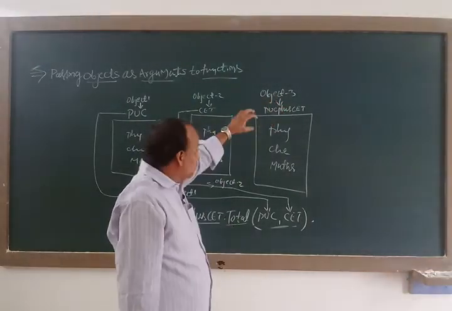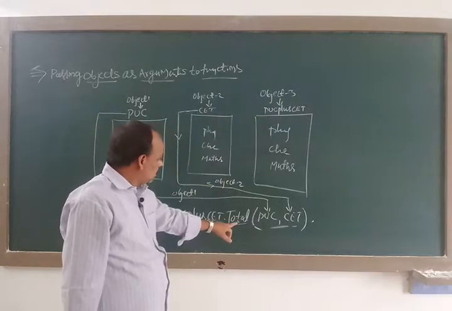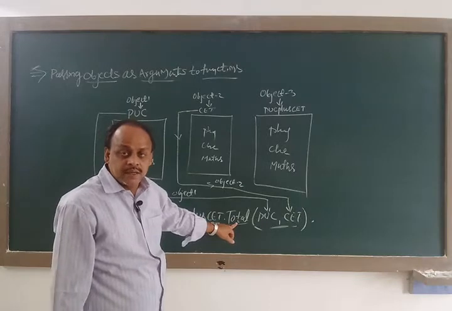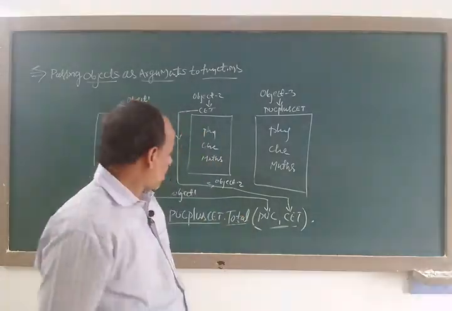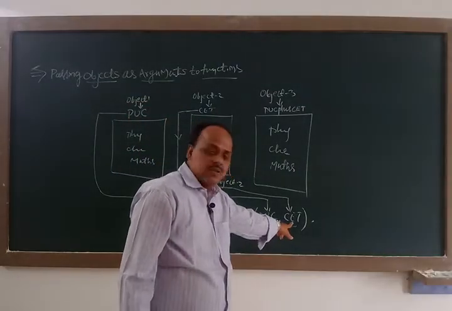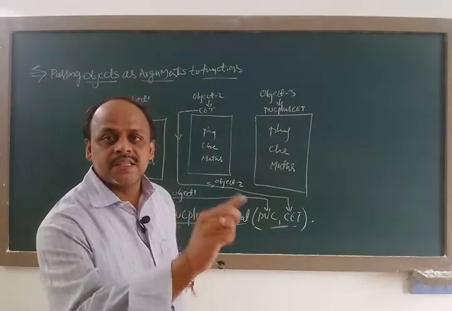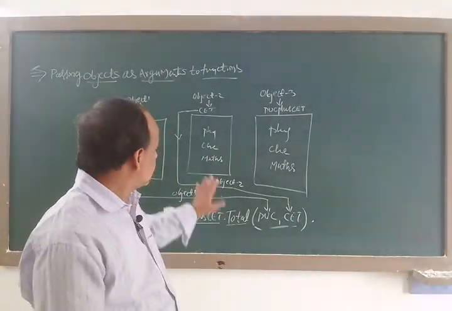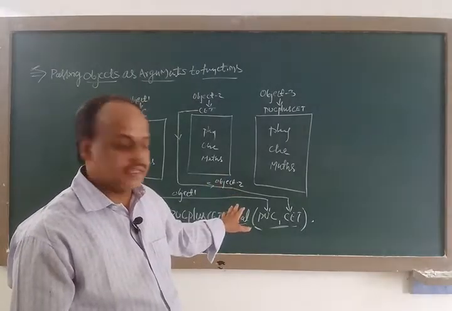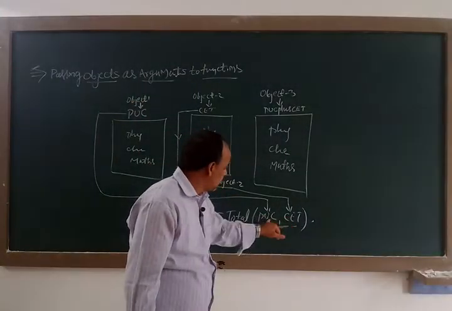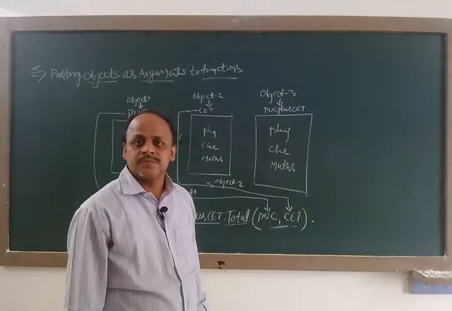With the help of this object 3, we are going to call the member function total. That member function total includes objects PUC as one object and CET as another object in the place of arguments. So this is nothing but passing objects as arguments to functions.